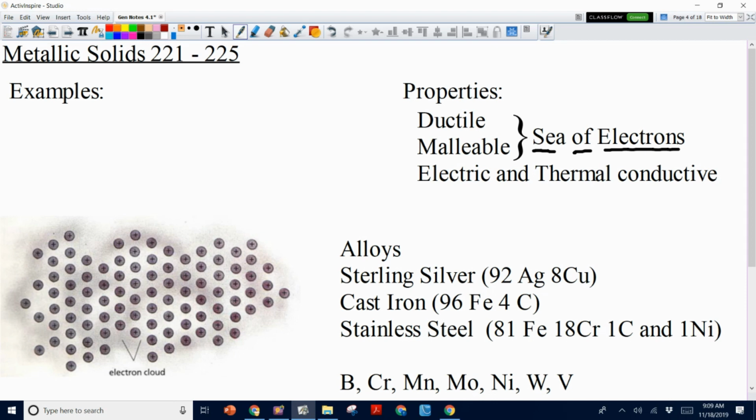Because of this squishiness, metals have two properties, called ductility, or ductile, and malleability, or malleable. Ductile means that you're able to pull it into a wire, and malleable means that you're able to hammer it into sheets.